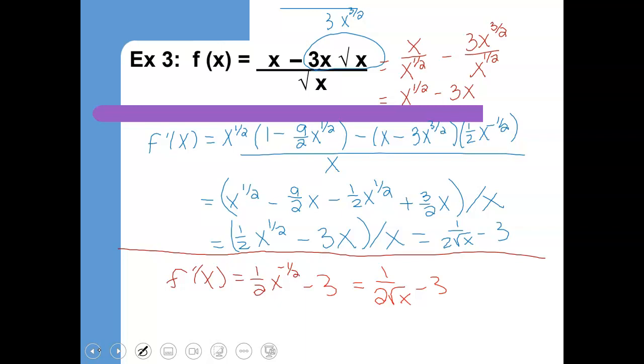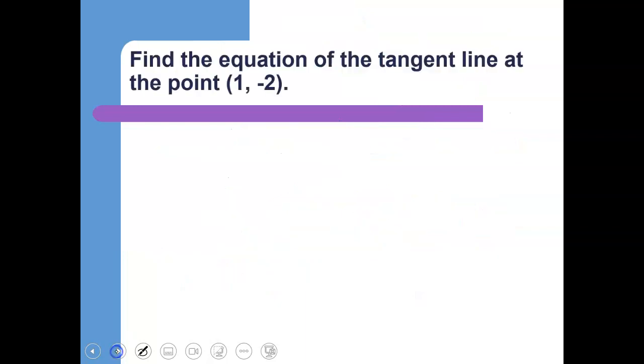So using that slope right there, find the equation of your tangent line. So I find the equation of the tangent line at f prime of 1. We're going to plug 1 into that. So you get 1/2 minus 3, so you get -2.5 or -5/2.